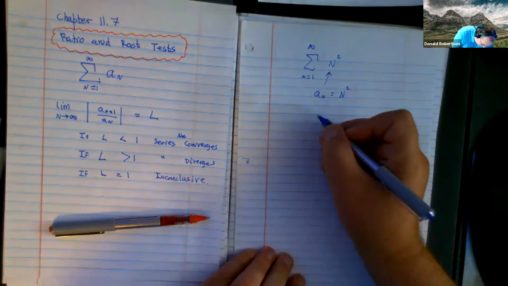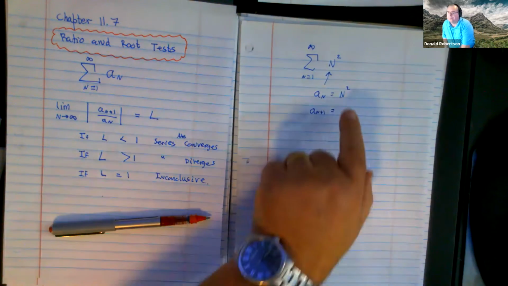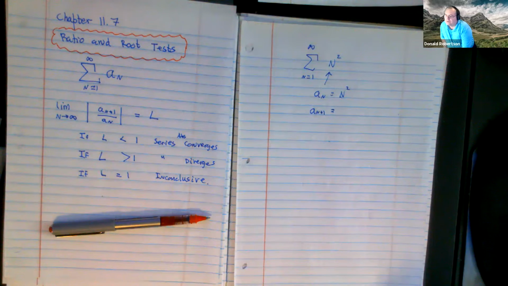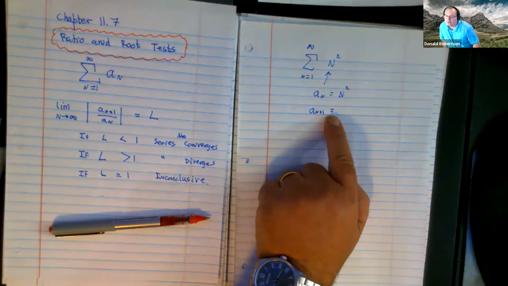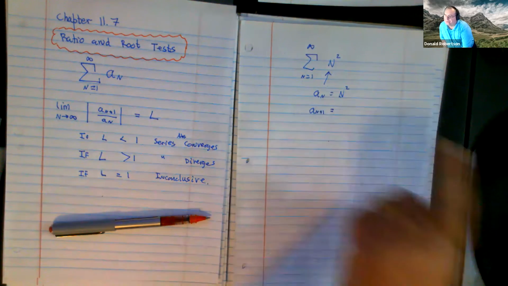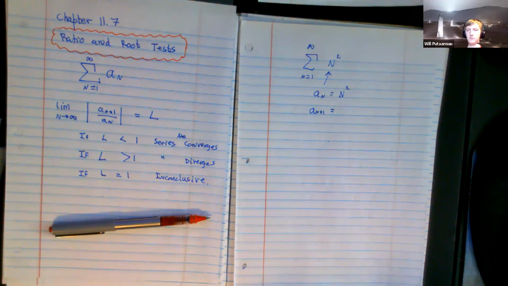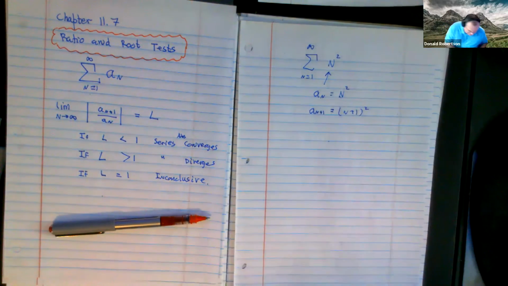But now we need to figure out, what does a_n plus 1 look like in terms of n? Think substitution. Think replace the n with n plus 1. So what would the formula for a_n plus 1 be if I tell you a_n is this guy? It would be parentheses n plus 1 squared. Agreed?